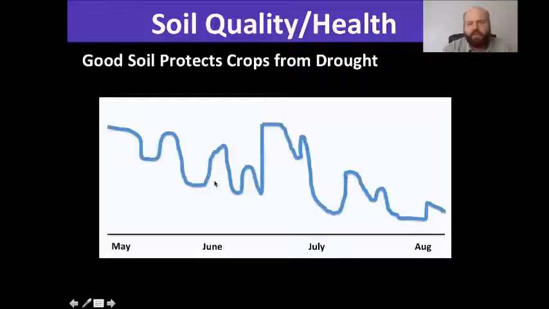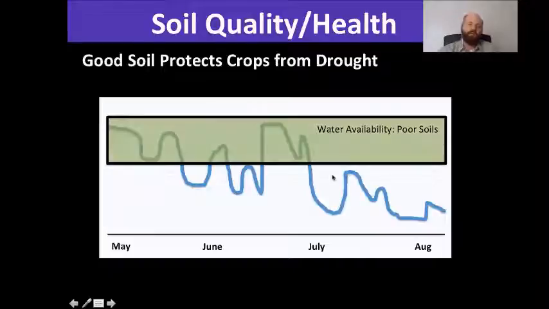But it's fairly typical for what we see. We have pretty high soil moisture content. Maybe get some rains in June, and then July, the drought starts, right? And then you get to August and the drought really hits, right? So during this time, you want to be able to keep those plants alive and be able to withstand some extended periods of low water availability, right? Especially down in this range when we get into the hot part of the season.